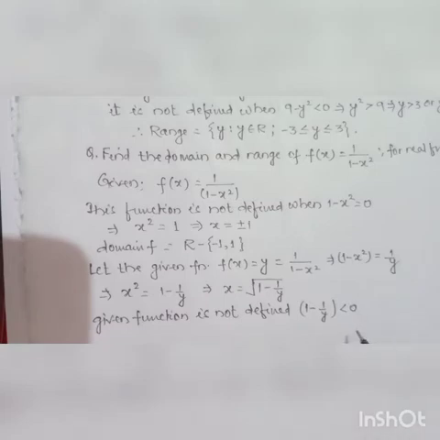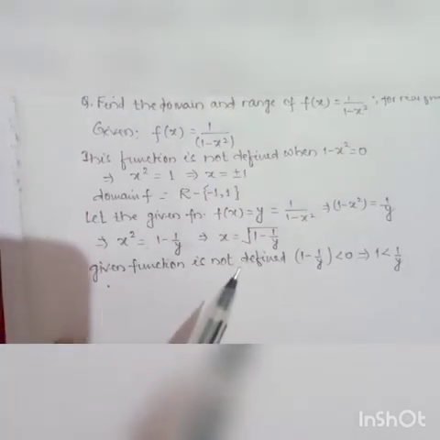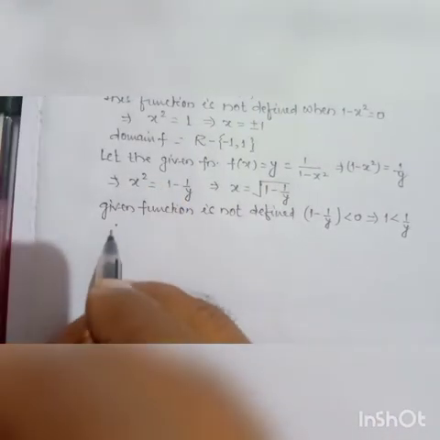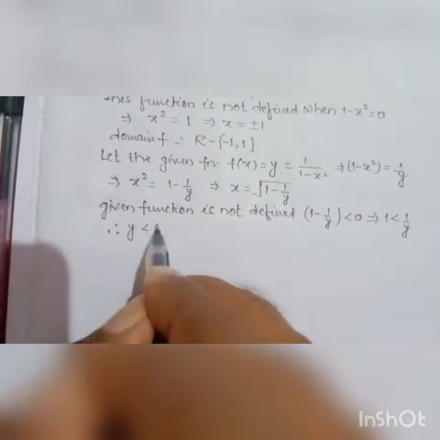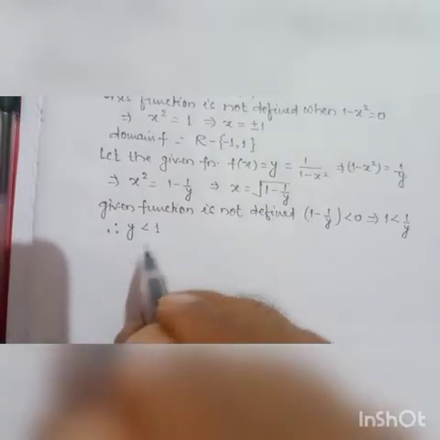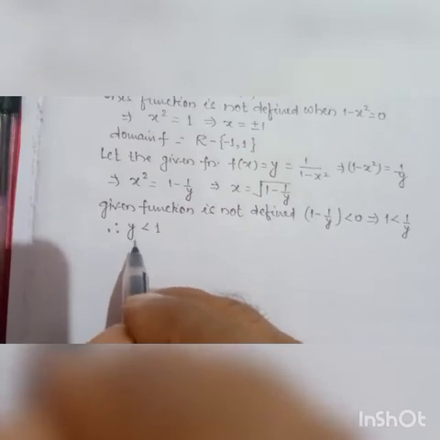Simplify this: 1 should be less than 1 upon y, or y should be less than 1. So right here, y should be less than 1. In that case, the function is not defined. You have seen.